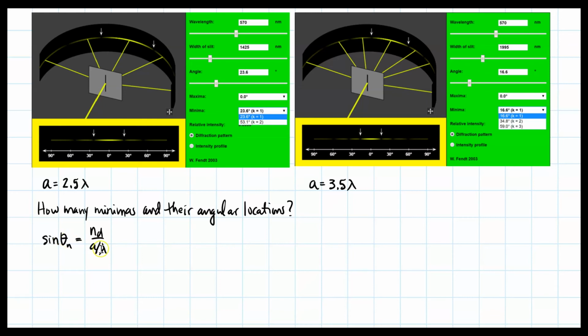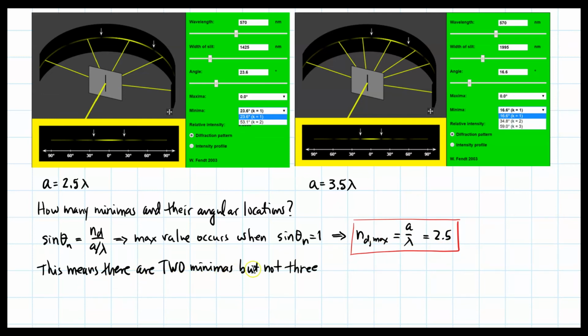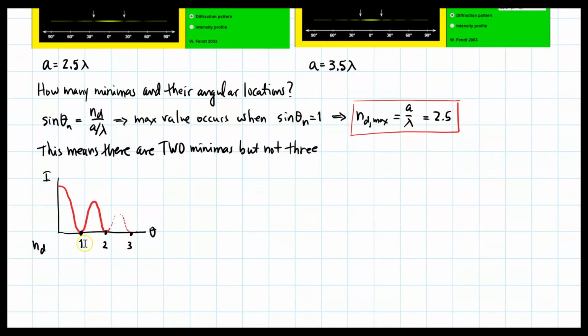Start with the path difference equation, and then I want the maximum value of ND. This value occurs when sine of theta is equal to 1. The max value of ND in this case is equal to 2.5. This means that there are 2 minimas, but not 3. So if I draw that picture out, looking at just half of it, I have ND equal to 1, 2, and 3.